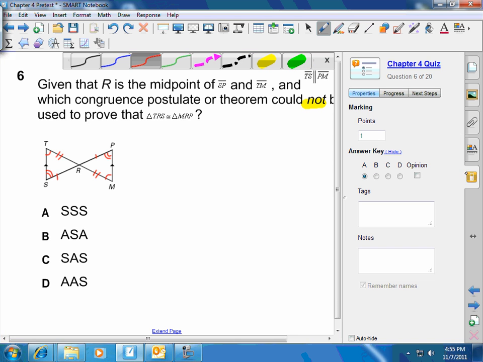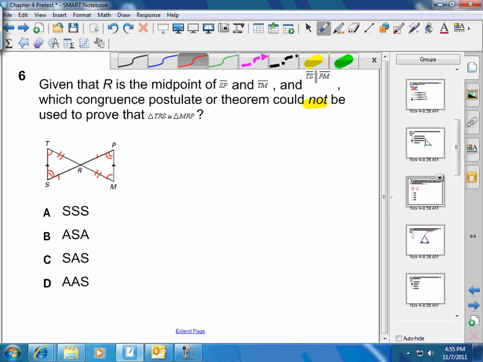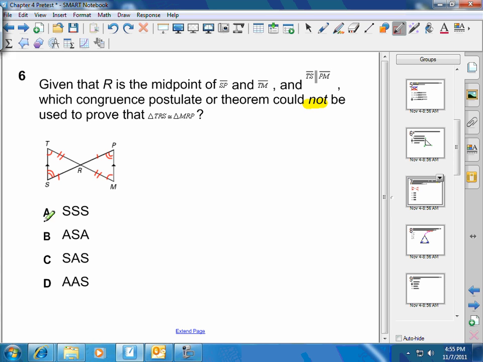A. So number 6 is A. All right, that's the only one that we can't, and that's pretty easy, maybe without even going through all that work. We don't know anything about all 3 sides. We only know something about 2 pairs of sides, so we cannot use the side, side, side postulate to prove those triangles are congruent. But we could use the other 3.